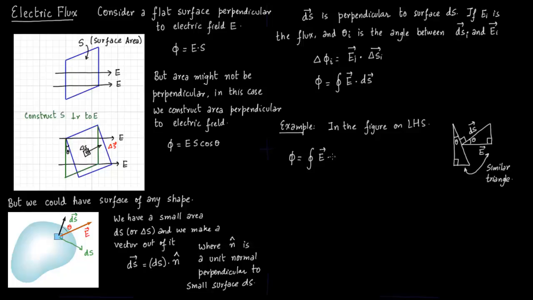Now the flux is not dependent upon the area, but first let us take the dot product. So this will be E ds cos theta. Now E and cos theta are independent of the surface area. You take E and cos theta outside, you get integral of ds. Integral of ds means you sum up over the entire surface, you get S. So the flux you get as E S cos theta.